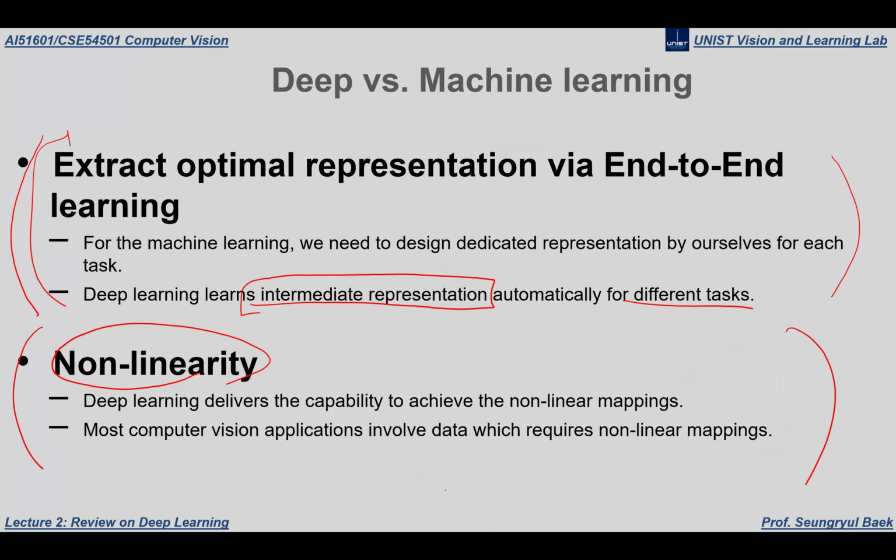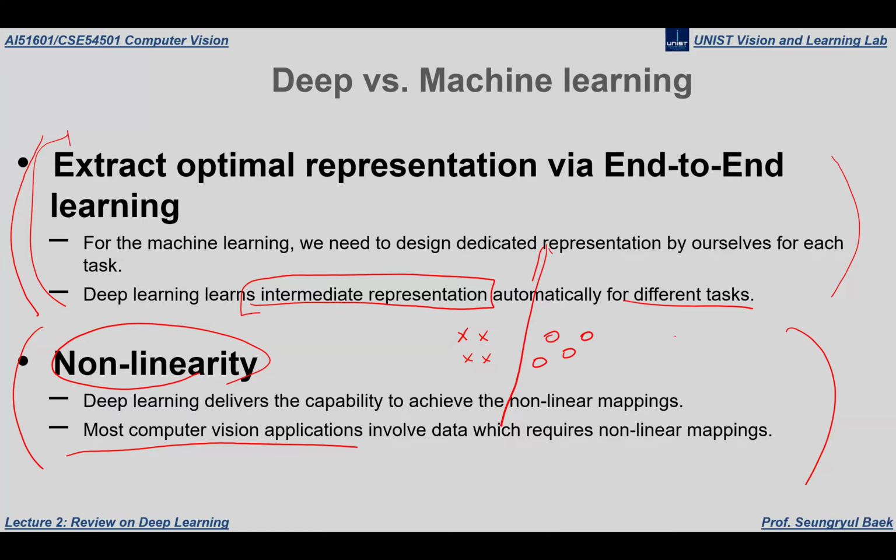algorithms. Okay. And also most computer vision applications or some real world applications have data lying on the nonlinear space rather than the linear space. Okay. So for example, if the X points and circle points are distributed like this, we can have just one straight line that can classify these two classes, okay?